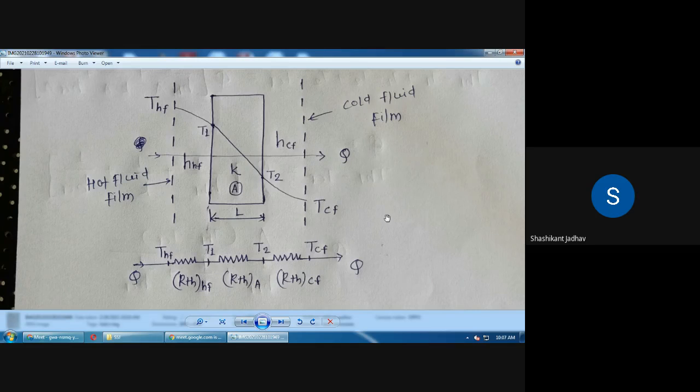Okay, diagram is over. Put that message in the chat box.